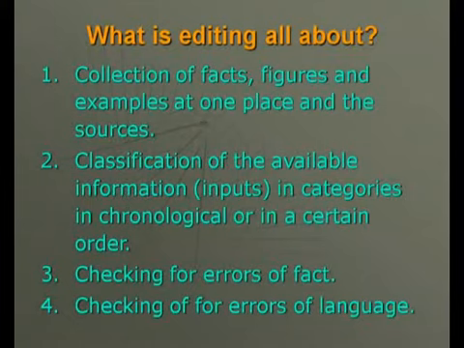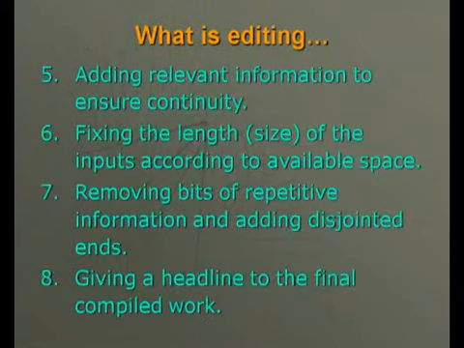Number 3, checking the inputs for errors of fact. Number 4, checking the inputs for errors of language. Number 5, adding relevant information to ensure continuity. Number 6, fixing the length or the size of the input according to available space.